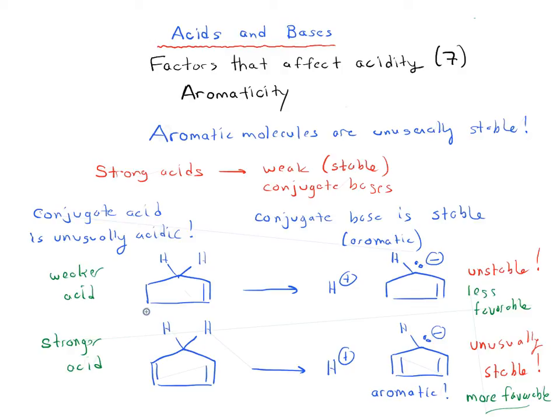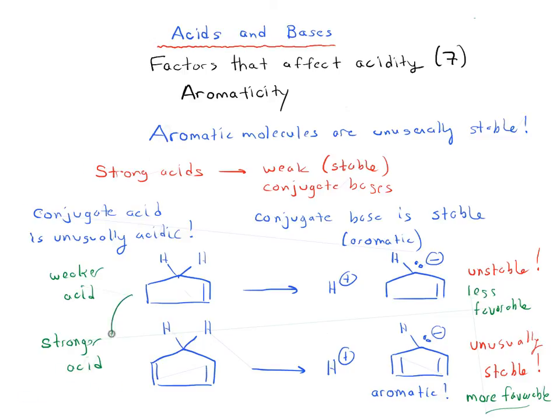Much weaker acid. So again, it sort of ties into the factors we were talking about before, and that is that anything which can act to stabilize the negative charge in the conjugate base is going to make your conjugate acid more acidic. And aromaticity is just another factor which can lead to stabilization. And so therefore, if your conjugate base is aromatic, the conjugate acid is going to be unusually acidic.